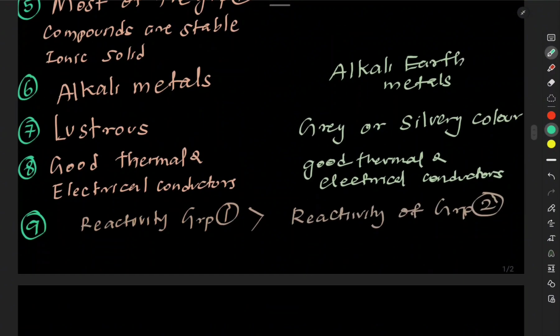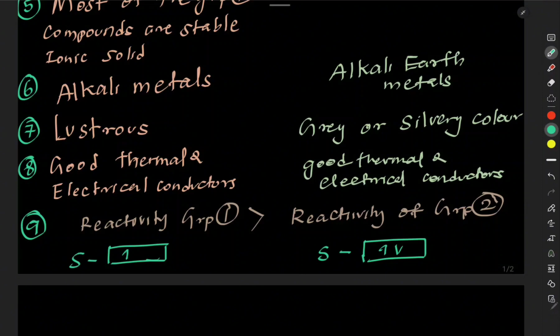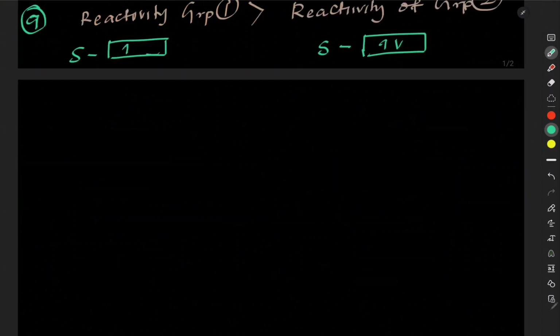The reactivity of group 2 elements is less because they have a completely filled shell. Group 1 has one electron in the shell, while group 2 is completely filled. The group 2 elements are more stable, therefore they are less reactive.